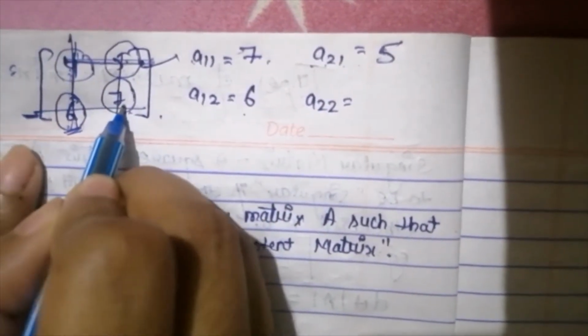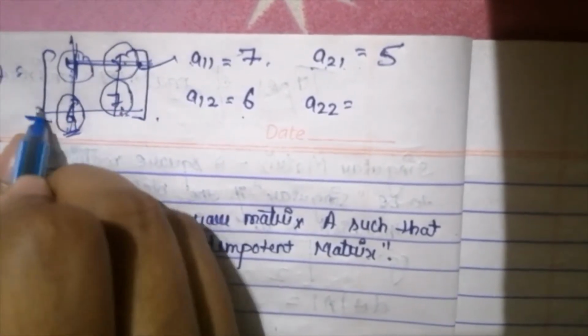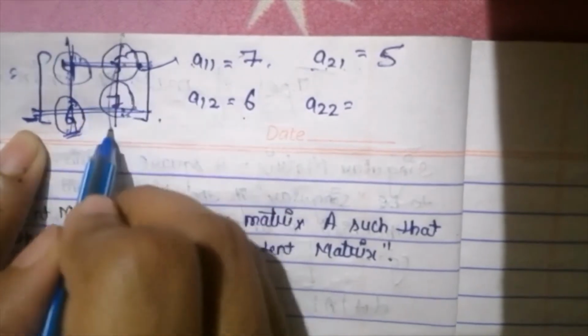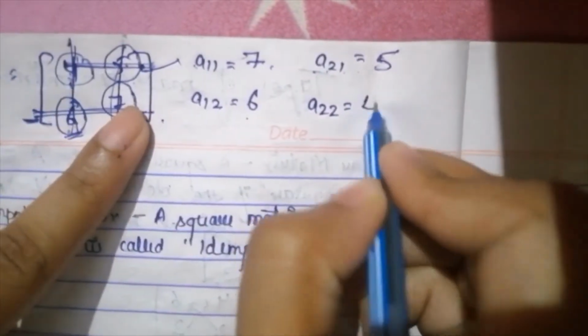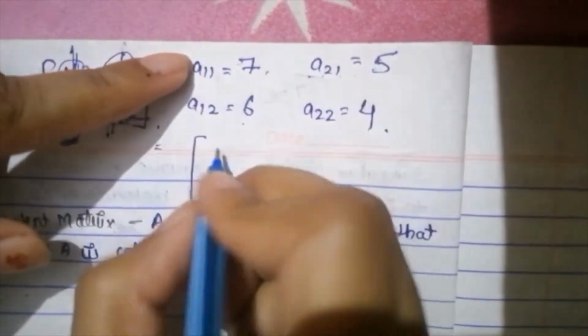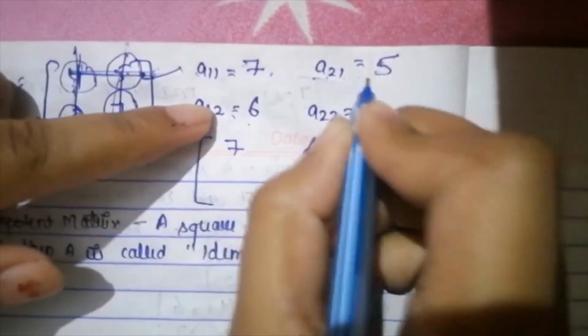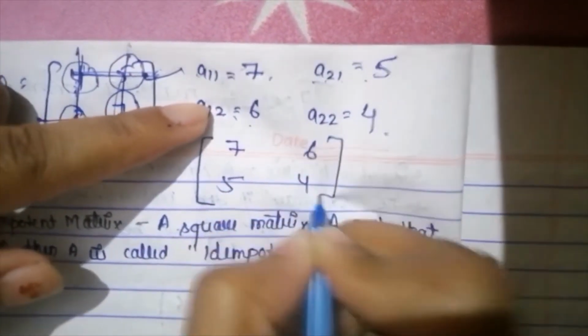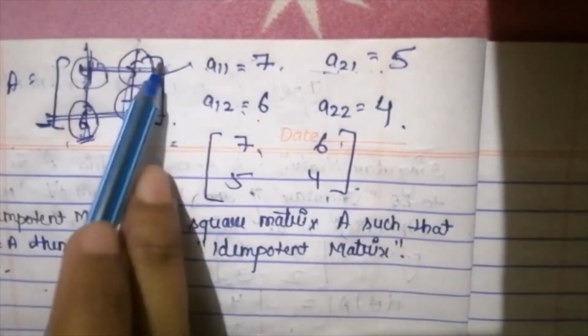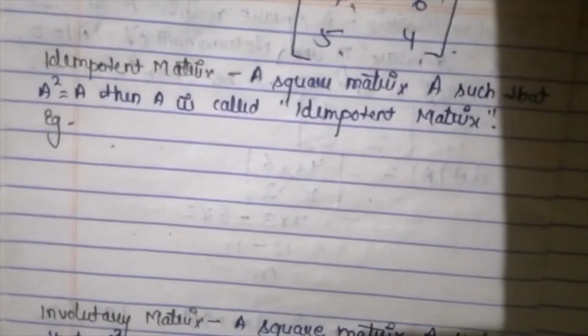For calculating the minor of 7, we will leave row 2 and column 2. So we will be left with 4. A11, A12, A21 and A22. So 7, 5, 6, 4 are the minors of 4, 6, 5 and 7.